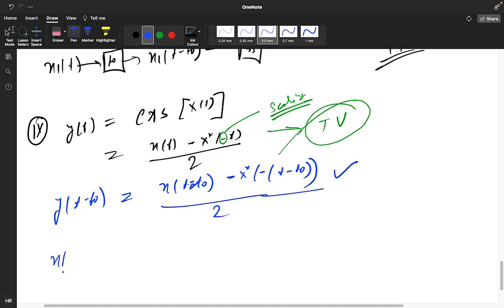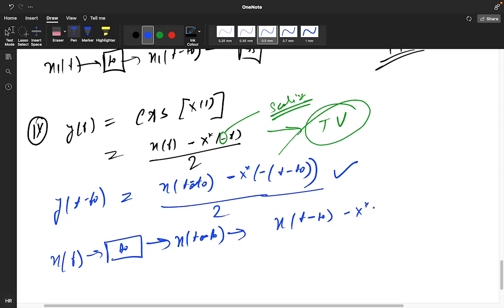And when you apply x of t, meaning first delay by t naught, the input will be x of t minus t naught. So what will be the conjugate antisymmetric of this? x of t minus t naught minus x conjugate of minus t naught, divided by 2.